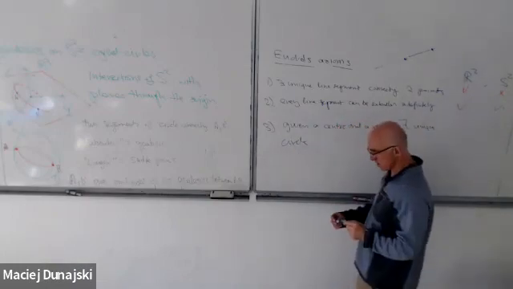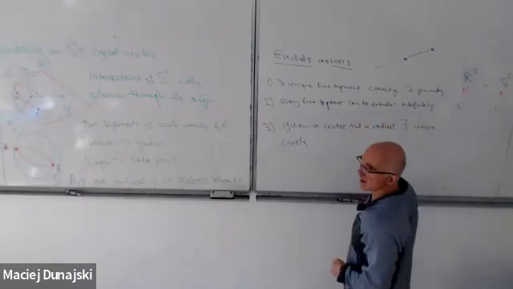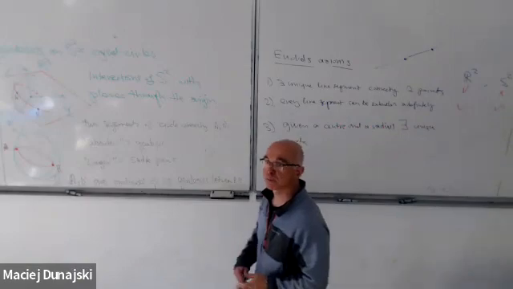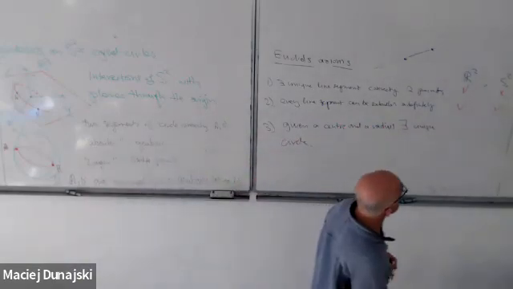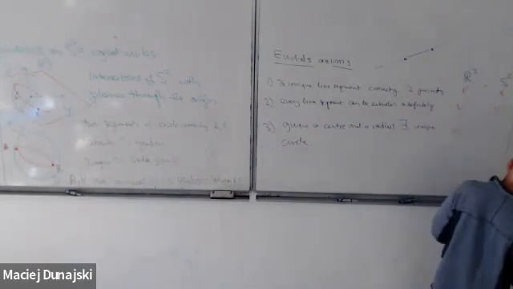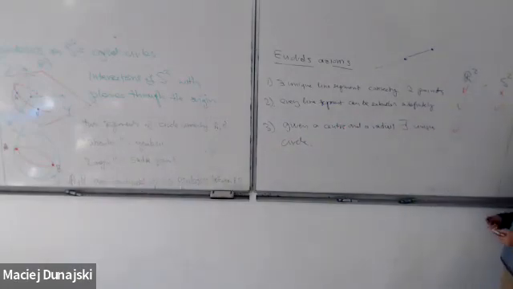By a circle here, one means a set of points equidistant from the center. Well, that holds on the plane, but it doesn't hold on the sphere.